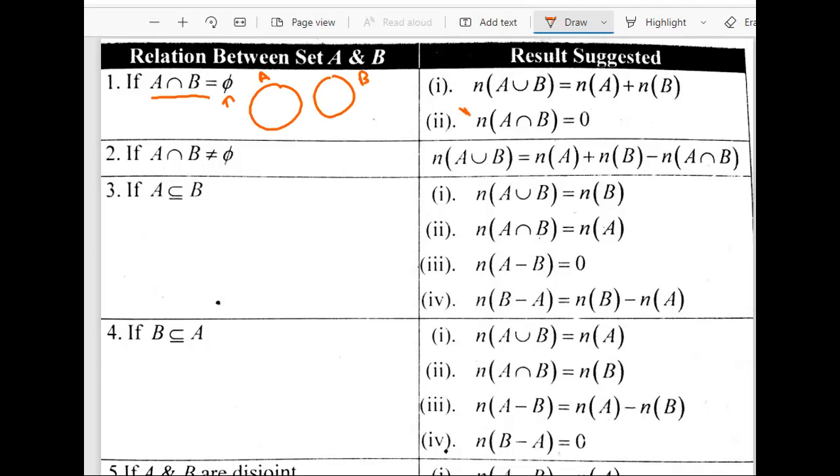So if I talk about the second one first, elements in A intersection B would be 0. And for the first one, elements of A union B would be all the elements of A plus all the elements of B. If I had any overlapping region, I would have subtracted this, right? But since there's no overlapping region, I will only have this. Did you understand this?